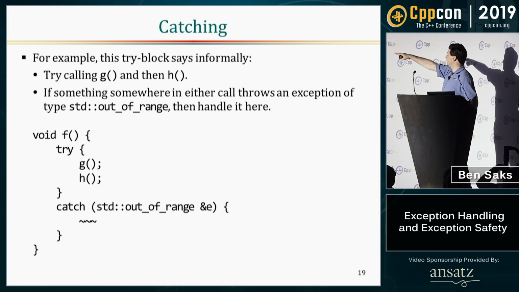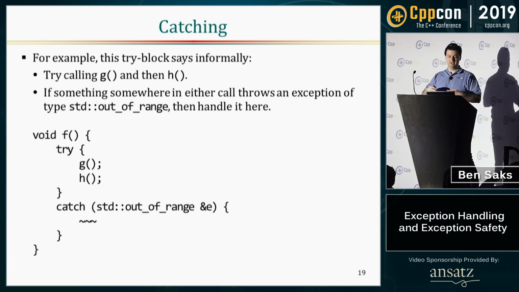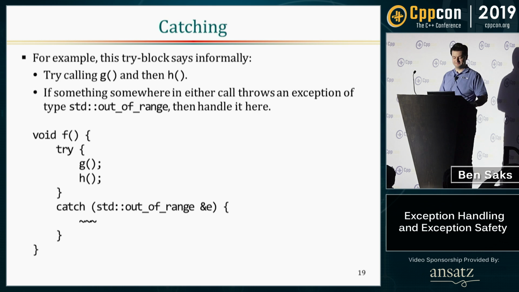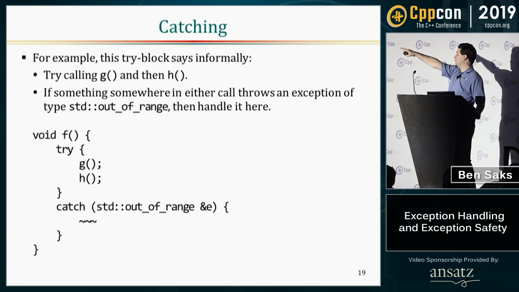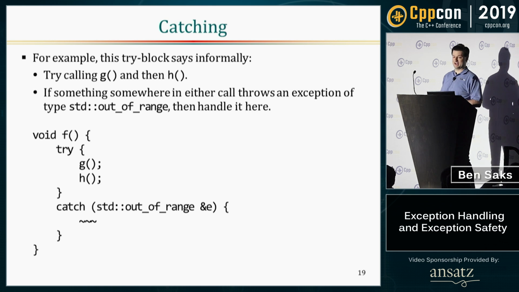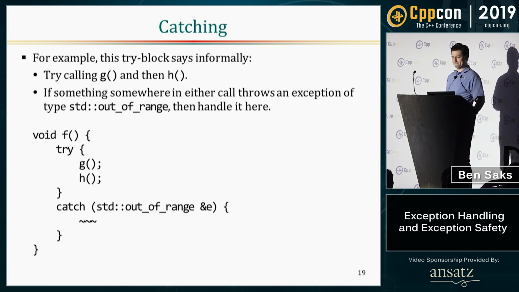And then the code in that catch block then responds to the out-of-range exception in whatever way we need to do. If it's g that throws the exception, we never wind up going on to call h. As soon as the exception happens, control is transferred immediately to the catch block. This is what I was talking about when I meant that it was sort of out of band. It interrupts the normal program flow.